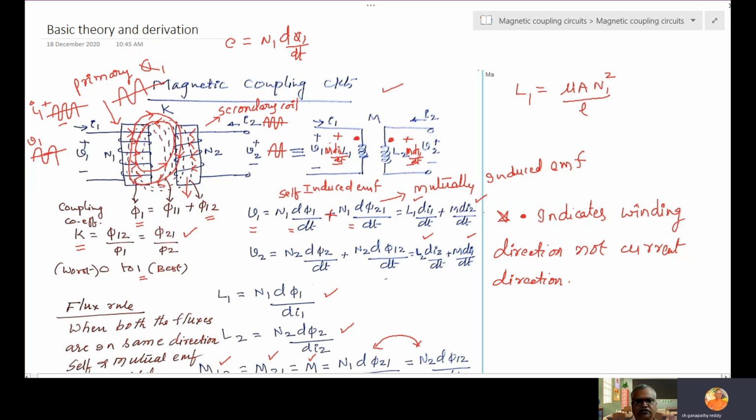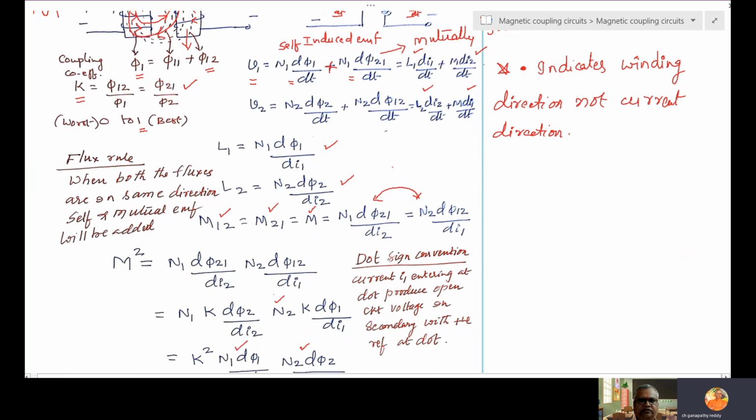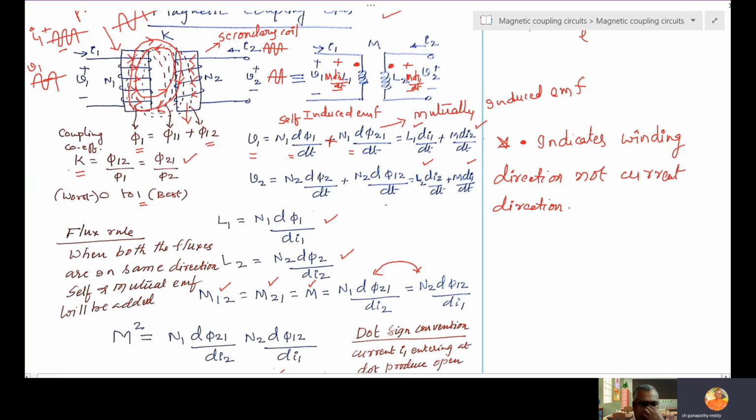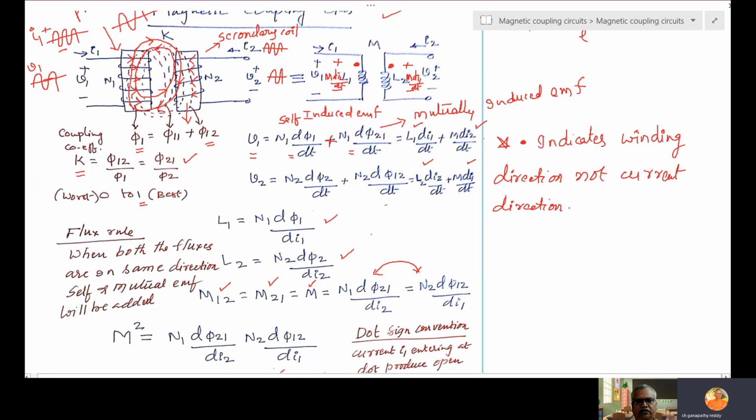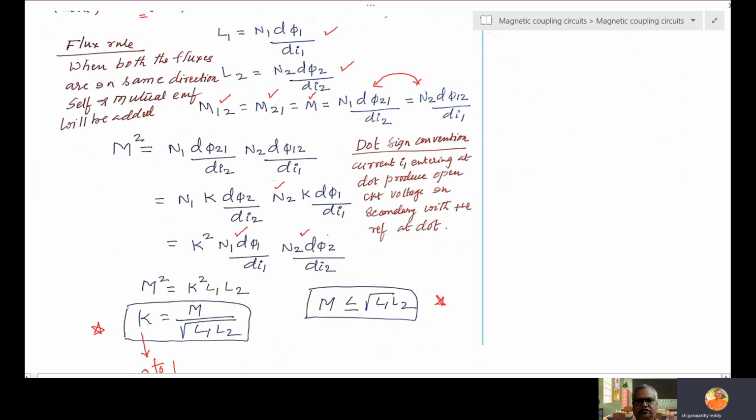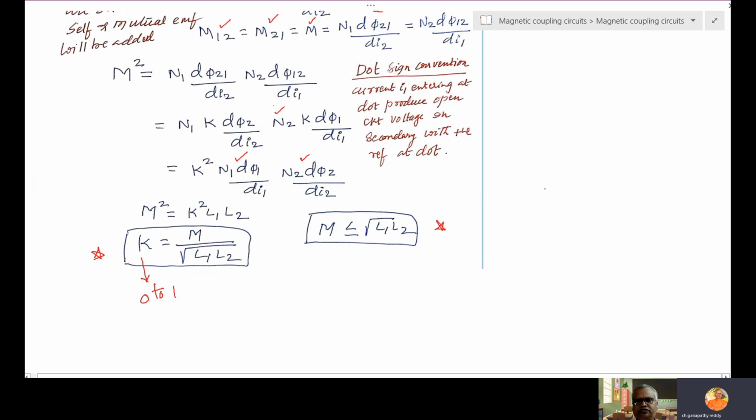That is the reference to keep in mind. Then what is the flux rule? When both fluxes are in the same direction, self and mutual EMF will be added. Then what is the dot sign convention? Current entering at dot and sensing at dotted is positive. If any one condition fails, it is negative; if both conditions fail, again positive. So this is the summary and these two conclusions.